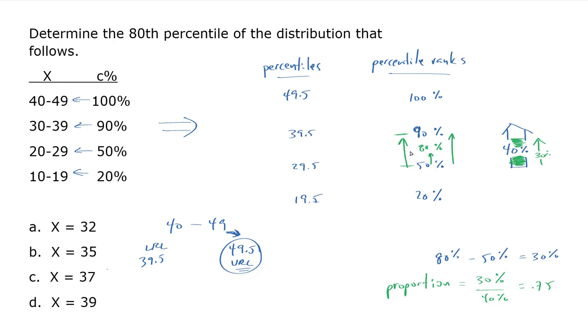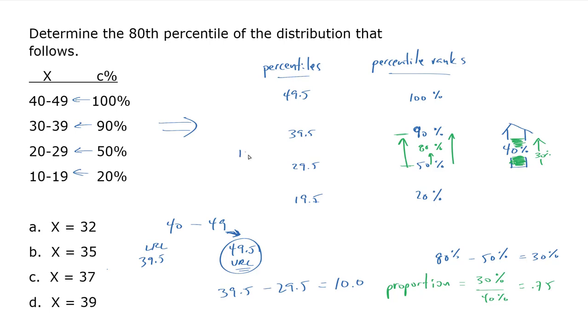To get our answer, we're going to do the exact same thing over here. We're going to figure out what our total distance is. So let me figure out the total distance between 39.5 and 29.5. So 39.5 minus 29.5 is equal to 10.0.